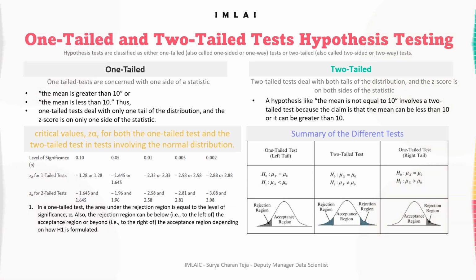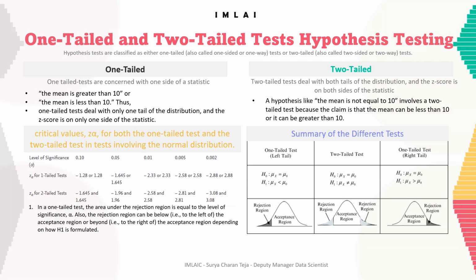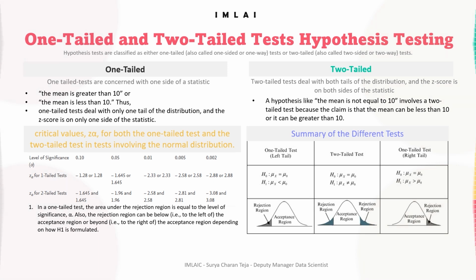It's just not 2 months, and that's what we call a two-tailed test. And this two-tailed test will be widely used in data science to find out the statistical significance of two variables. Okay, so that's what is two-tailed test.